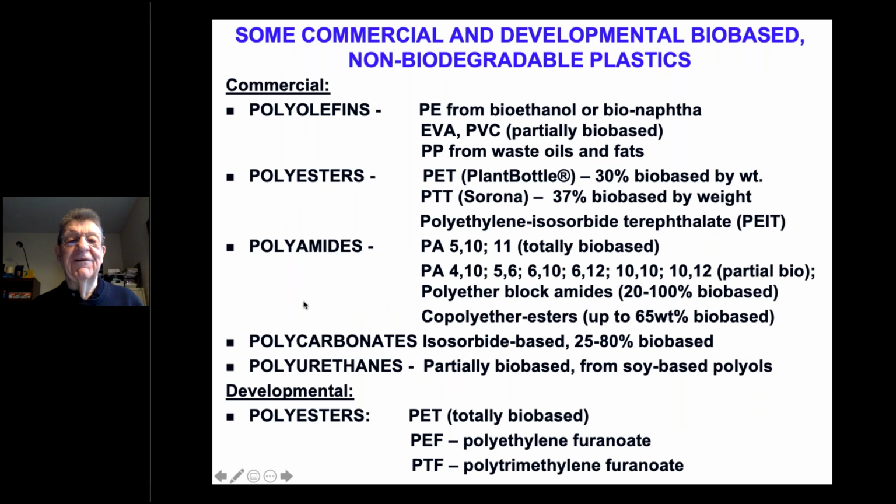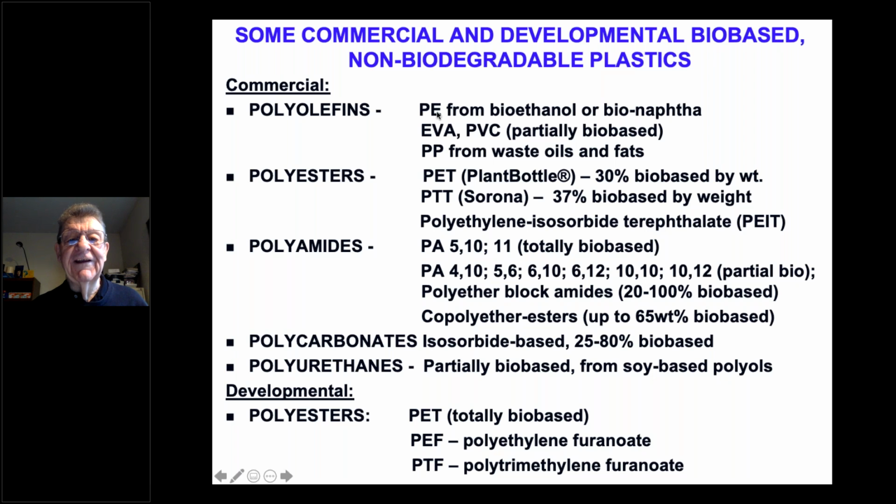So what's available on the market now? Commercial bio-based, non-biodegradable plastics. First of all, polyolefins. Bioethylene can be made by essentially two routes, one from bioethanol and the other from bio-based naphtha by thermocatalytic processes.